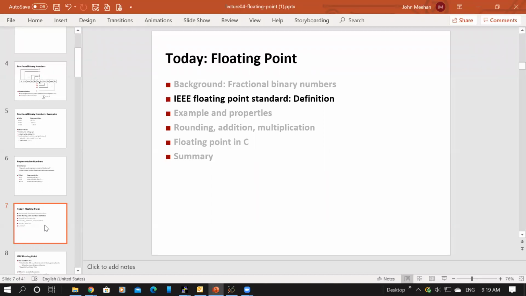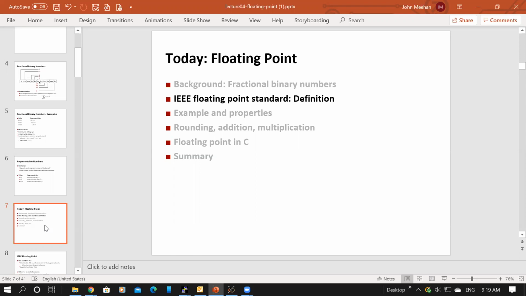And so people didn't care for that. So the IEEE said, well, why don't we come up with a standard for storing floating point numbers in the computer, and then we'll have everybody kind of rally around the flag and adopt this standard. And that's what happened. So nowadays, anybody that builds computers doesn't just ad hoc invent their own floating point representation.